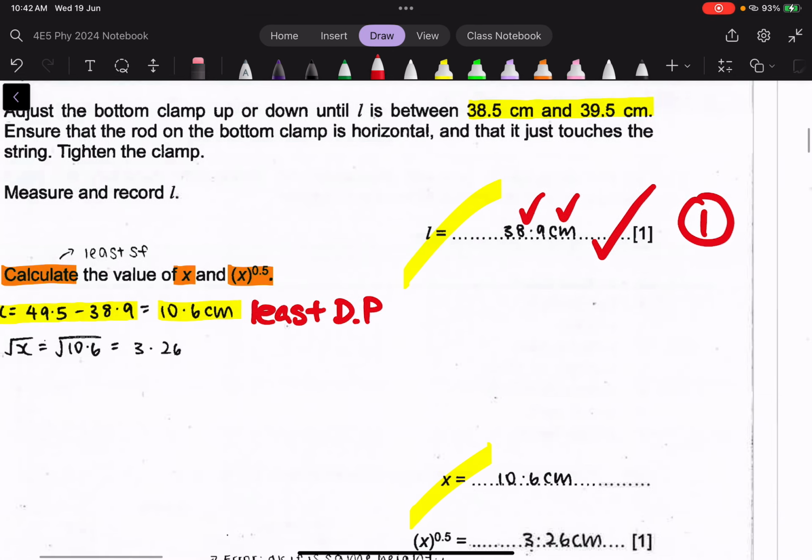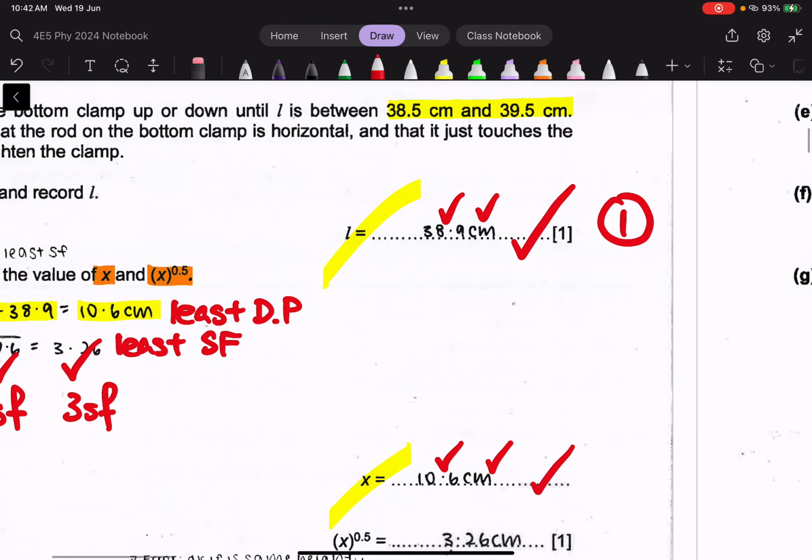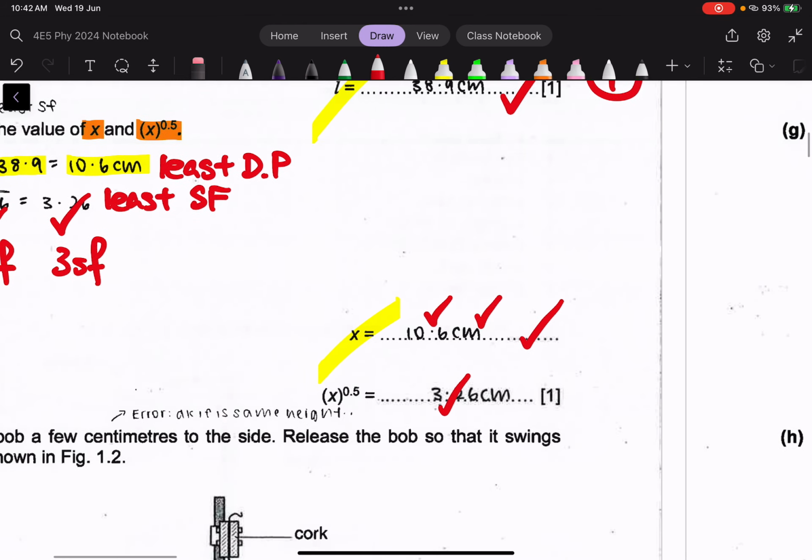The unit also correct. So 1 DP, unit correct. This one is correct. Square root, you will follow least SF. Right? So this one is 10.6 is 3SF, and so this one is 3SF as well. So you will get this correct.